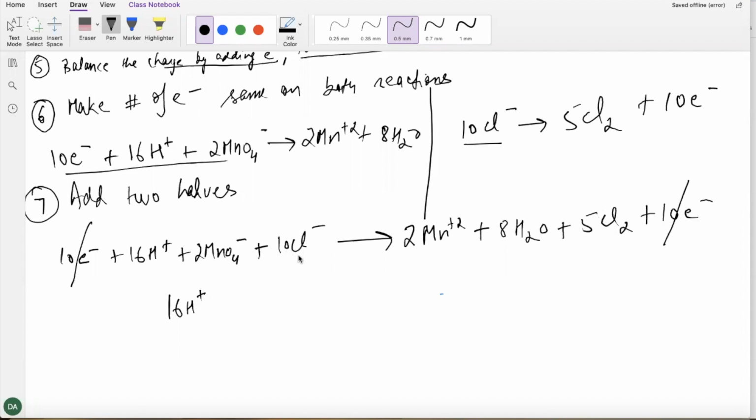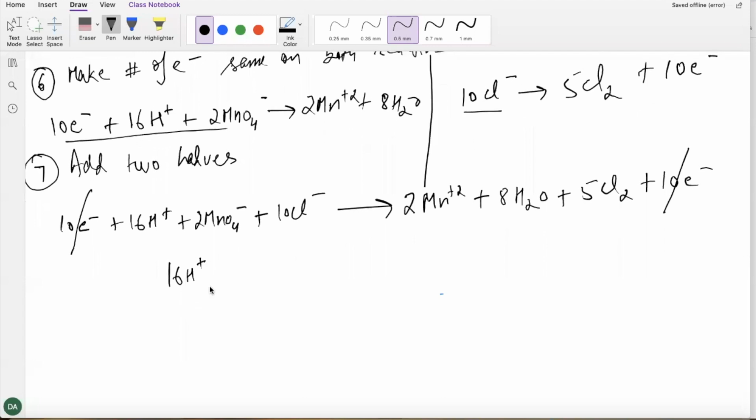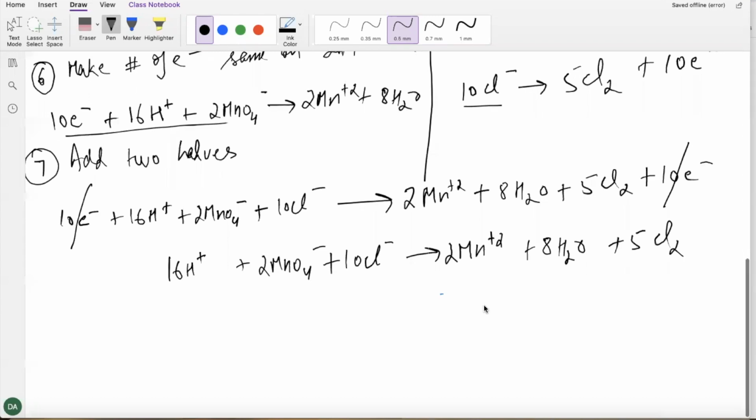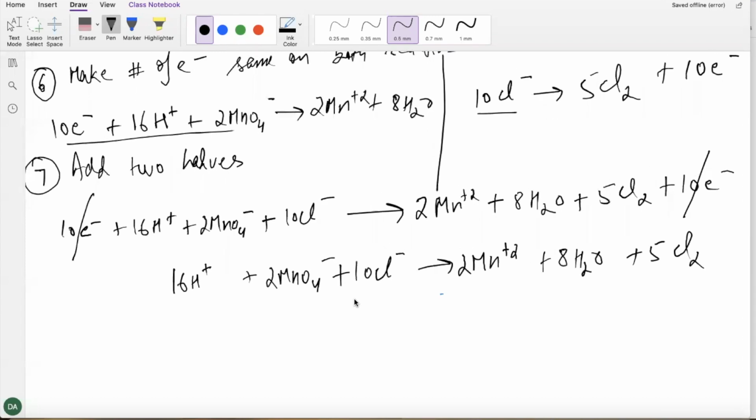Okay, thank you. So 16H plus, 2 MnO4 negative, plus 10 Cl negative, giving me 2 Mn plus 2 plus 8 H2O plus 5 chlorines. So this is what we got, right? Now, guys, just to confirm, can you see if this reaction is balanced?